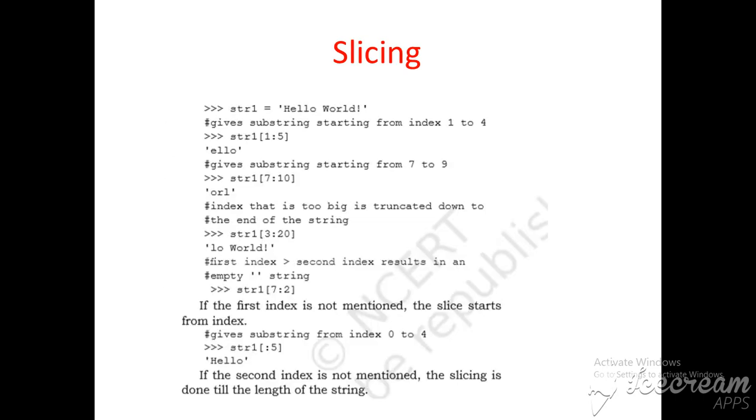So this is the way to cut some part of the string. Here, str1[1:5] returns ELLO, because HELLOWORLD is our string. E is index 1, and from E up to index 4 it returns ELLO, up to O. Next, str1[7:10] starts from index 7 and ends at index 9, and the output is ORL.